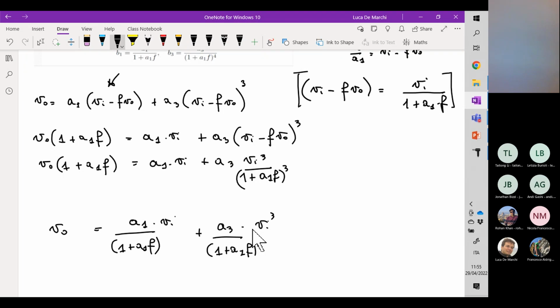Basically this is larger than 1 over f. So at the angular frequency which corresponds to loop gain equal to 1, we have a global gain which is larger than the DC gain, 1.3 times the DC gain. So this is the case for the phase margin equal to 45 degrees.